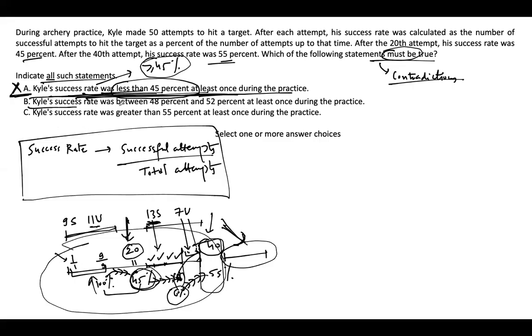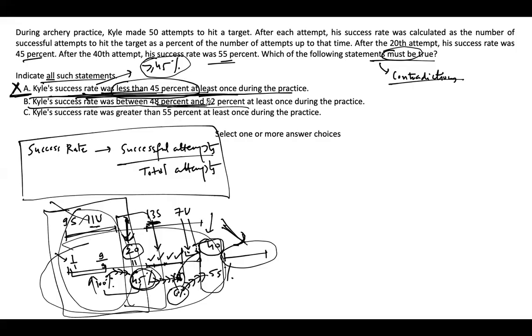Go for option B. Kyle's success rate was between 48% and 52% at least once during the practice. How do you know? Since his success rate was 45%, assuming that it dropped from a higher percentage to a lower one and then increased. Right now, let's say in the first scenario, it didn't happen.